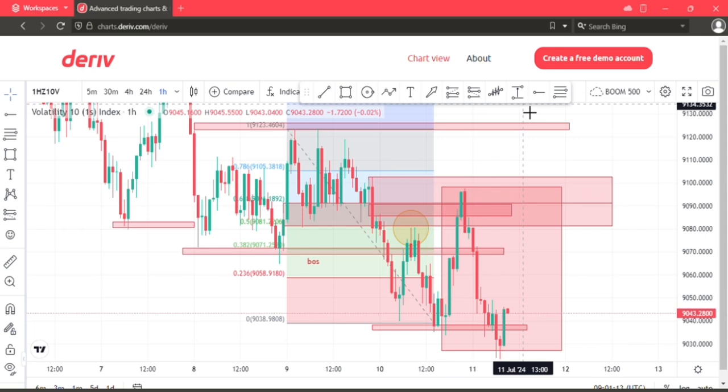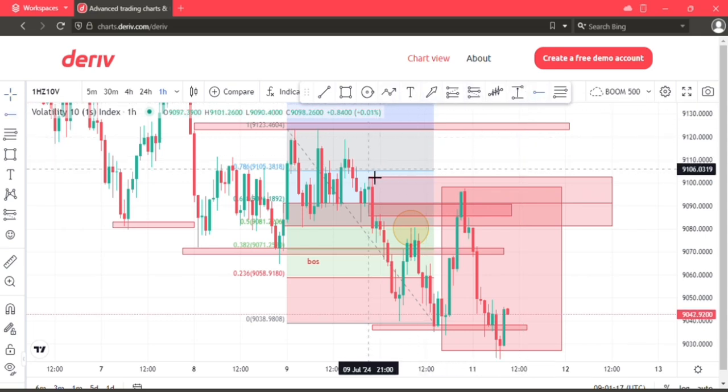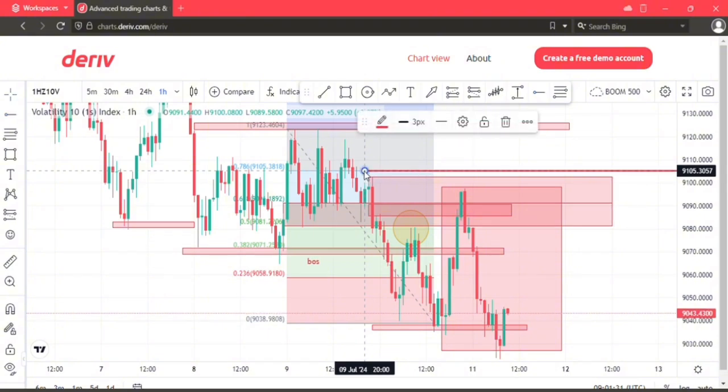Maybe you are trading on the uptrend or downtrend. Place your stop loss maybe above or below the order block right here. We are placing our stop loss right here.